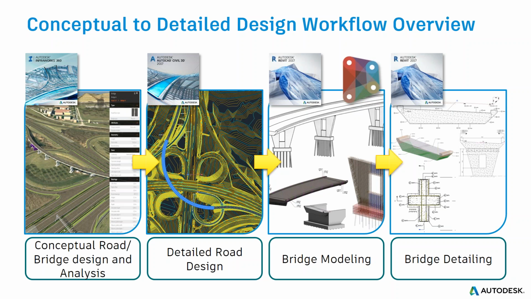And you might ask maybe why we do have, for example, here you can see Civil 3D, you see Revit, and why we are not using one product for everything. The reason is that, for example, a road designer has a different view on the bridge than the bridge designer. So this is why we do have to have different products for different personas within the process.